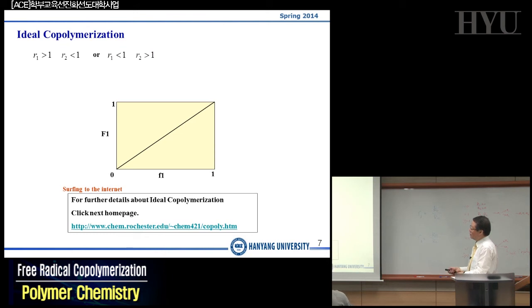You can have a larger curve and a smaller curve, depending upon the values of small R1 and small R2. If you have a smaller R1 in this case, your plot will always follow below this azeotropic line, whereas if R1 is greater than 1, it will always follow above this ideal copolymerization line. And that's the very typical case here.